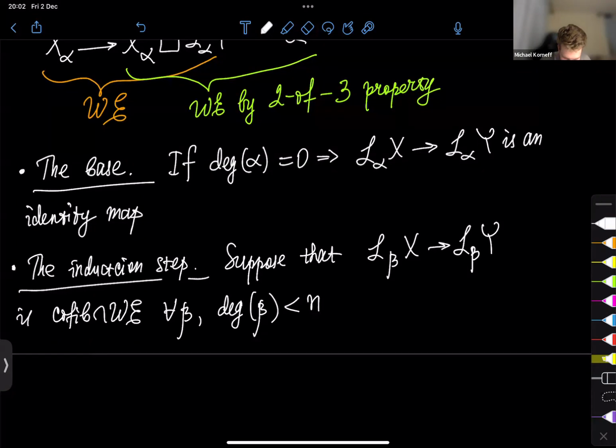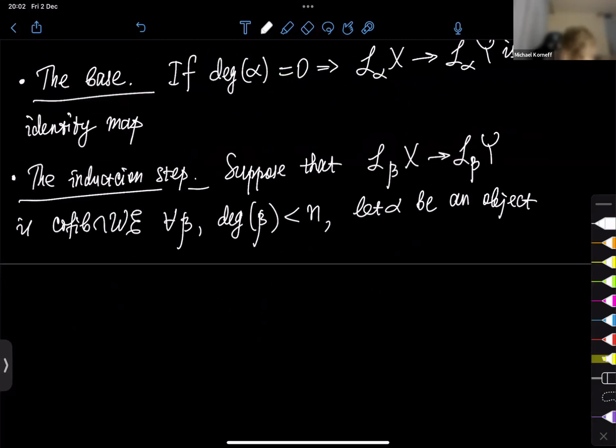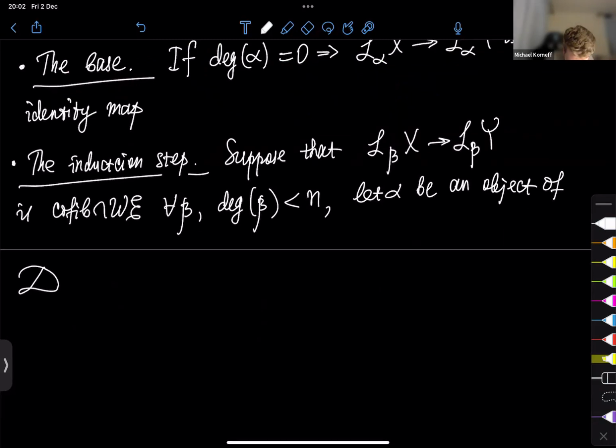And suppose that alpha is an object of the Reedy category of degree n.